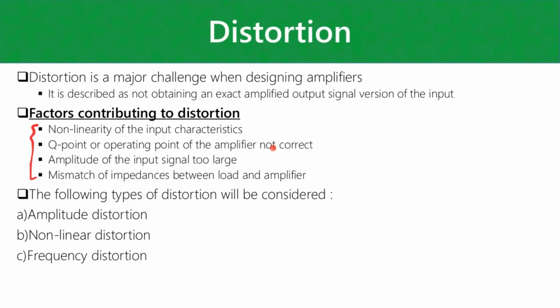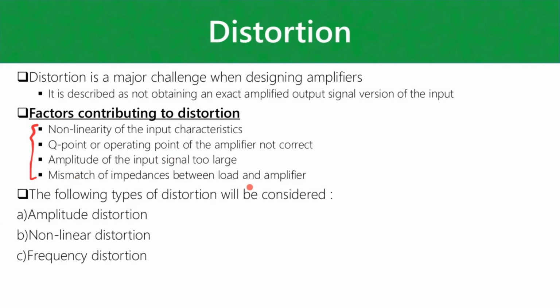If you don't pick your operating point correctly, you can run the amplifier into saturation prematurely, which is then going to cause your output to be distorted. You can also have a situation where your input signal is too large, driving your amplifier into saturation and thus distorting the output waveform.